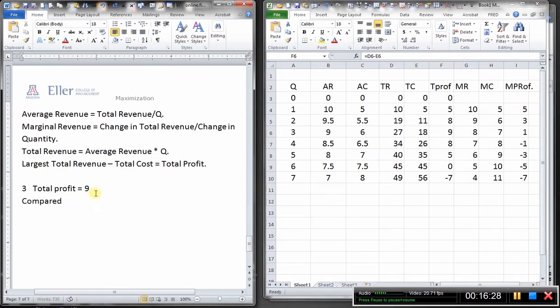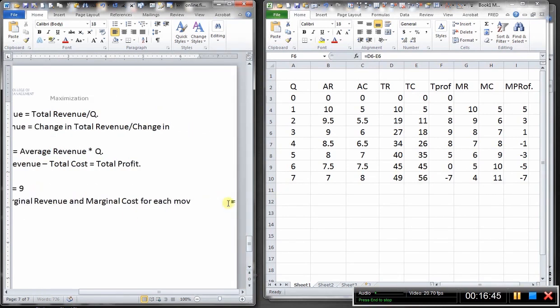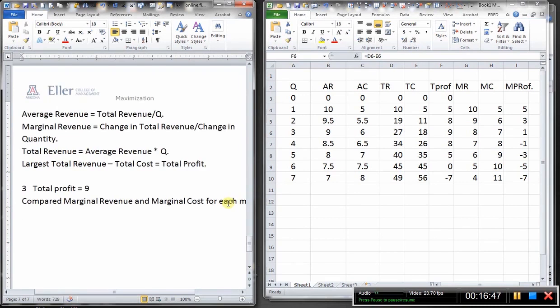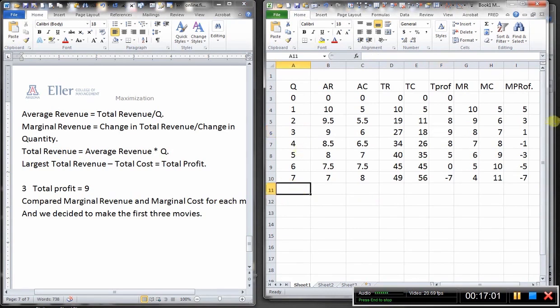In this case, we compared marginal revenue and marginal cost for each movie, and we decided to make the first 3 movies. So does that make sense? We got exactly the same answer.